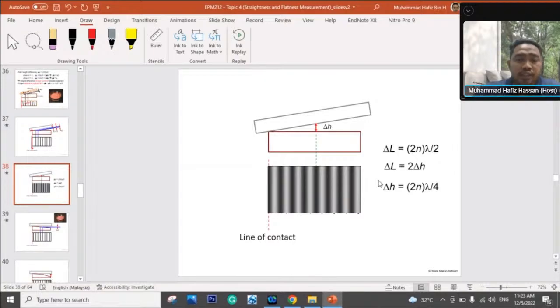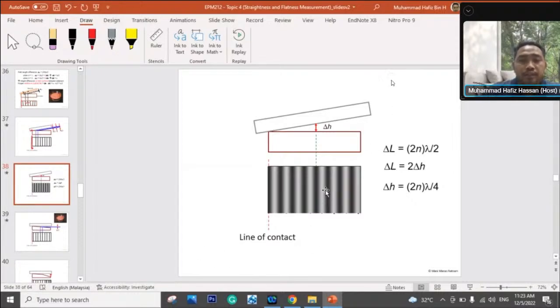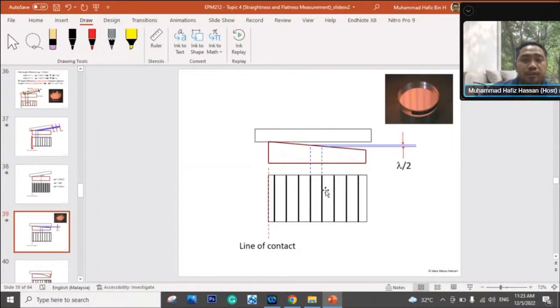In this case, if you want to identify whether the surface is concave or convex, or has a slanting slope, we will evaluate it using this. For example, if you put the optical flat on the top surface here, we can see the lines of the fringe are not equidistant.